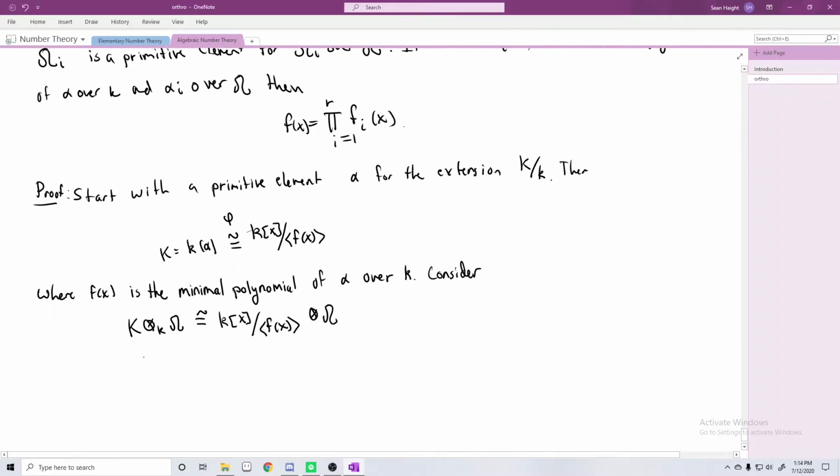Okay, and this map here is bar phi tensor ID, and you can check that this is in fact an isomorphism.